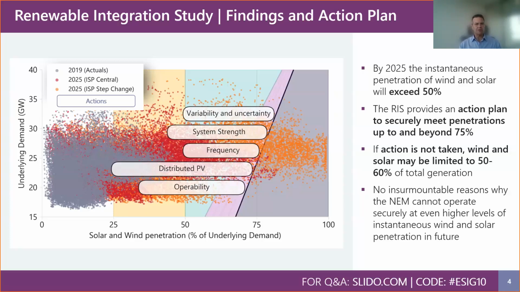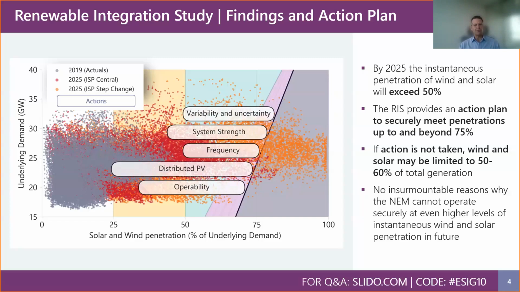The 3 scenarios illustrate grey as the actual instantaneous penetrations recorded during 2019. Red is for the 2025 projections of the central scenario, or in the ISP, business as usual case. And in orange, you can observe the predictions for the 2025 step change, which reflects both consumer and technology-led transition and a very aggressive global decarbonisation.